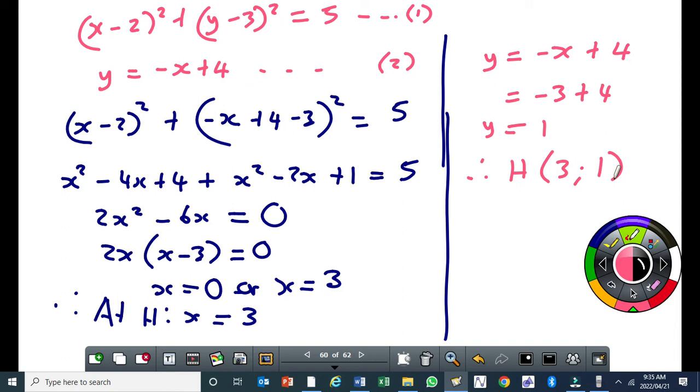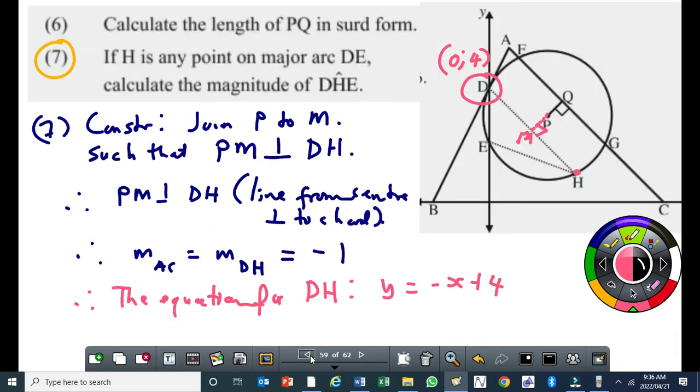Now it becomes easy. I just need to calculate the distance DH, calculate the distance EH. I know that the coordinates of D and the coordinates of E determine the length of DE. Are you following? Right? I now know the coordinates here. X is 3, y is 1.